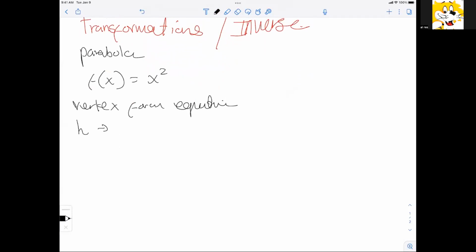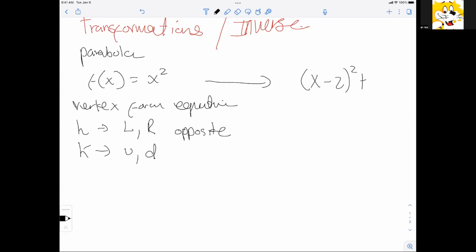H would give us horizontal movement, meaning that it's going to move left and right. And K would tell us that it's going to go up or down, right? We always take the opposite value of H. So if our parabola has changed and now we have some transformations and we have x minus 2 squared plus 3, what would be my H and what would be my K value here, ladies and gentlemen?